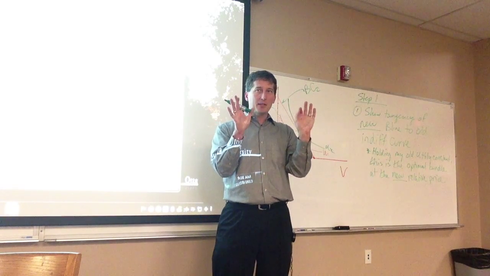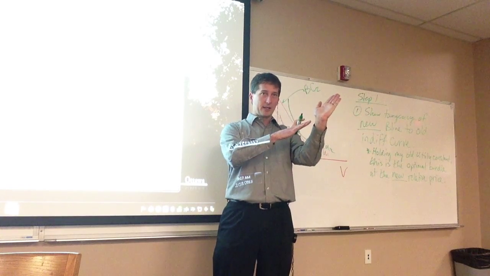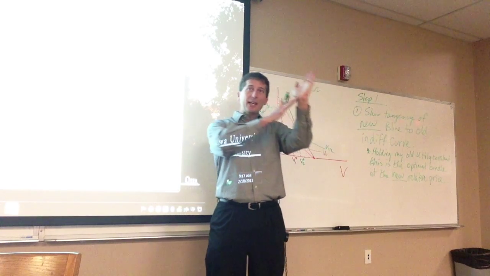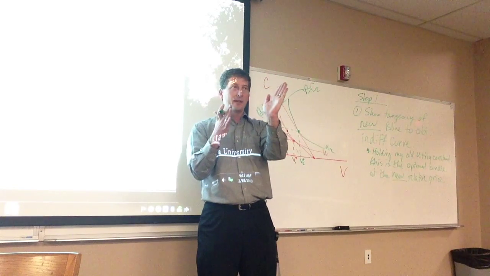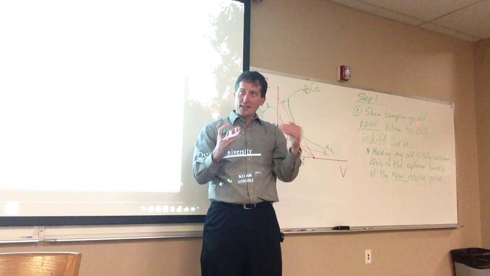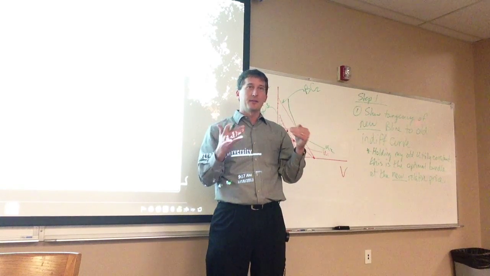So we did a parallel shift. Now think about what's going on. We're moving from the new lower utility, and we're giving income that's bringing us up to the old utility. Let that sink in a little bit. What does that mean? Tell me the story of what's going on.